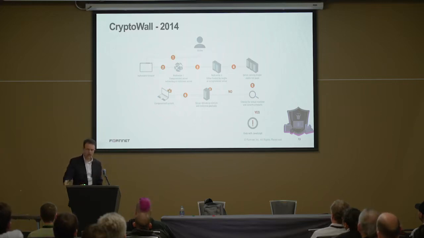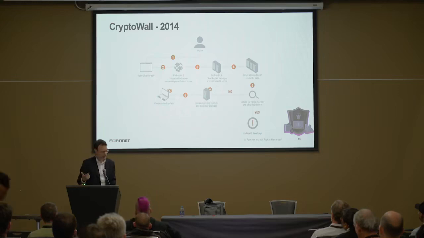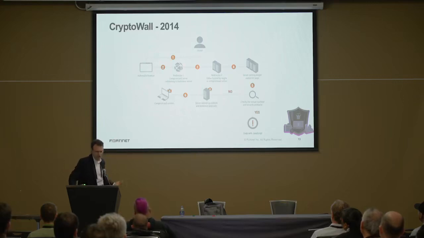The threat actors behind CryptoWall actually breached hundreds to thousands of legitimate companies' domains, like Disney, if I'm not mistaken, Facebook, ad networks, all of those big companies that a lot of people navigate to without giving a second thought. So what was happening was they were leveraging a vulnerability in Java.